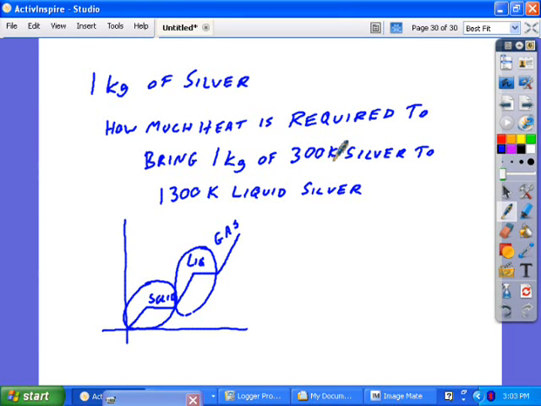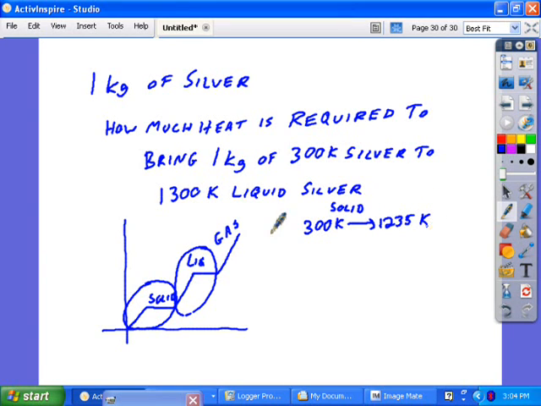Now, there's a few steps that need to go on here. I need to take my 300 Kelvin sample of a solid up to the melting point of that silver. The melting point of that silver, according to page 487 in your book, is 1,235 Kelvin.